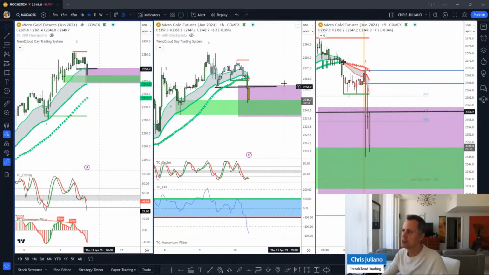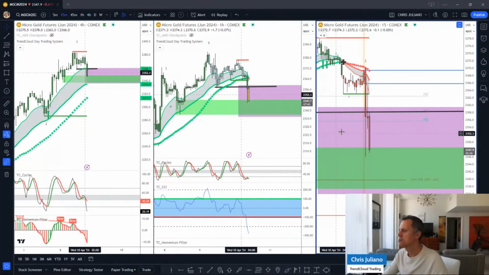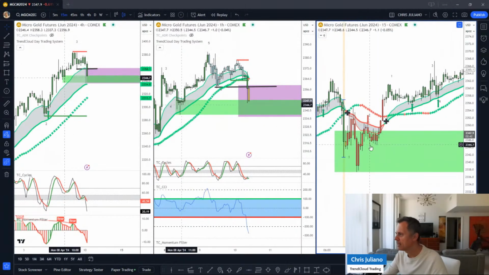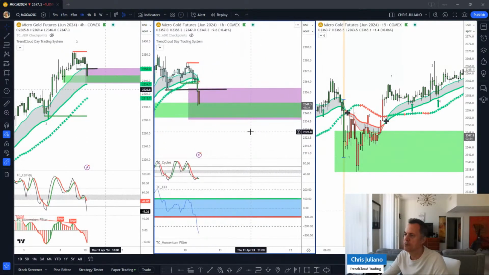Okay, so in this purple box, here you go. Here's a demand zone. All right. It's also represented on the lowest time frame right here and right here. Okay, so we've got the full demand zone covered.